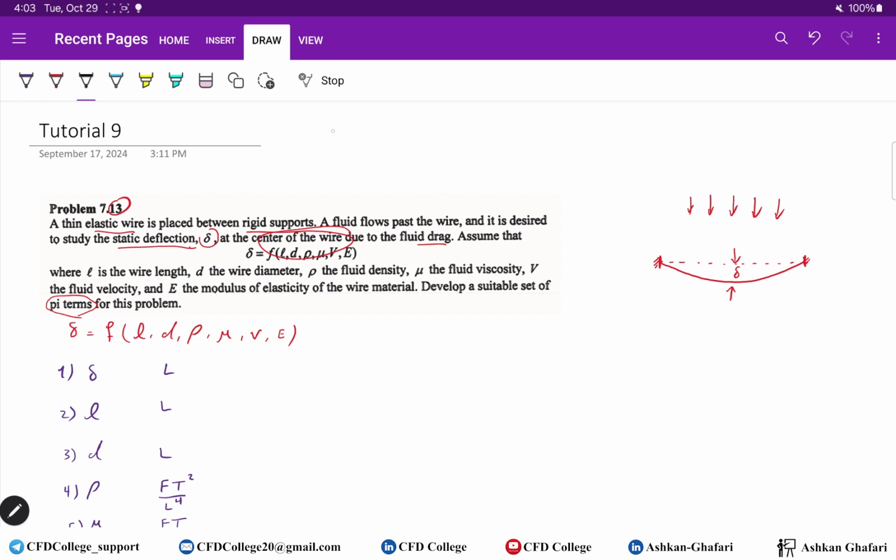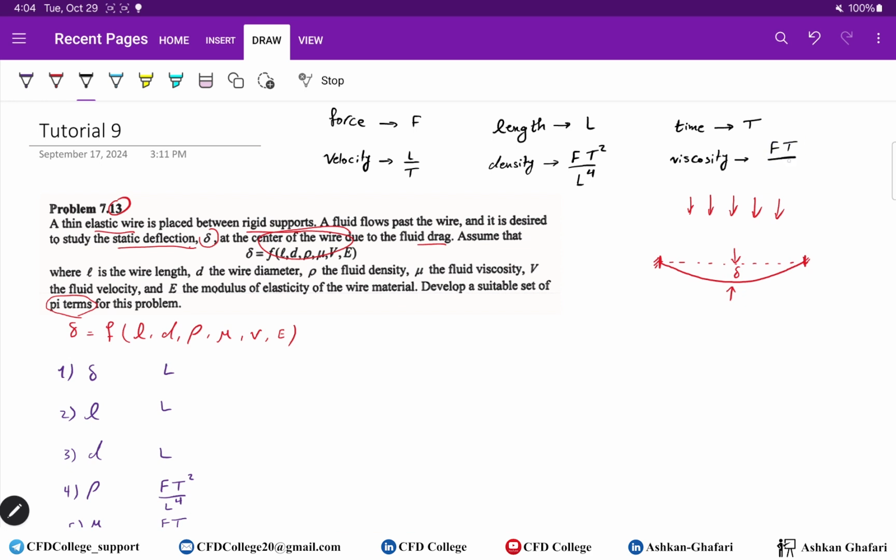For force, we have F. For length, we have L. For time, we have T. And unit for the velocity is L over T. For density, the unit is Ft2 over L to the power 4. Viscosity is Ft over L square.